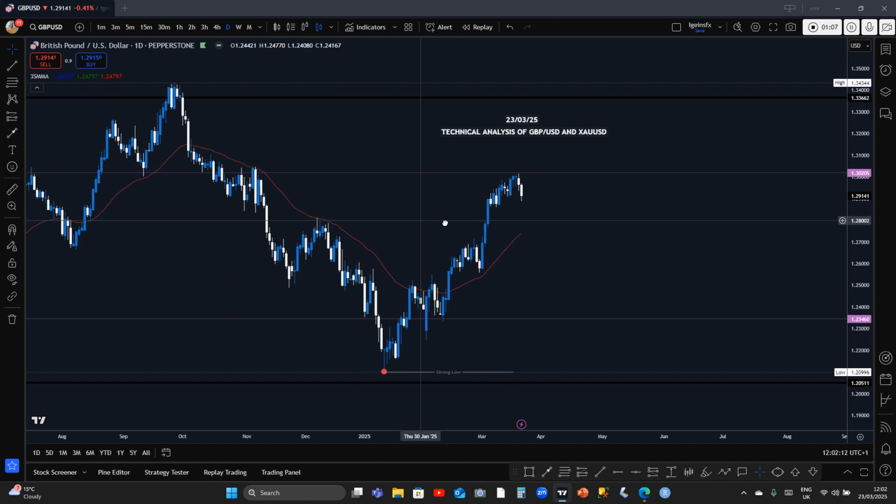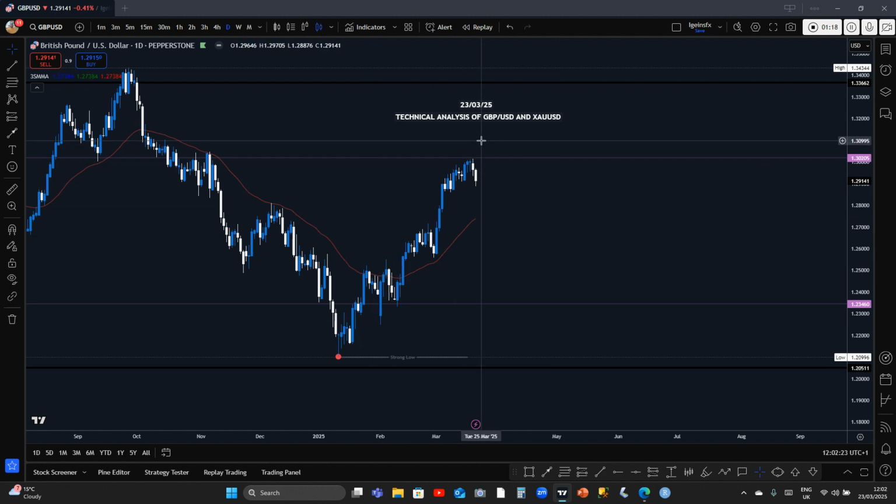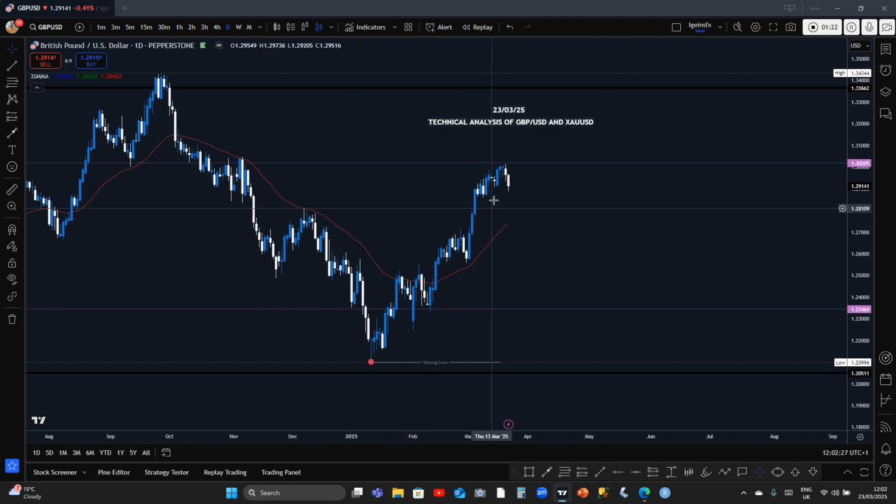All right, we were bearish when we got to this point. There was a rejection, a pin bar that triggers the run to the upside. So since then up until now, we've been bullish, and we are now in March.